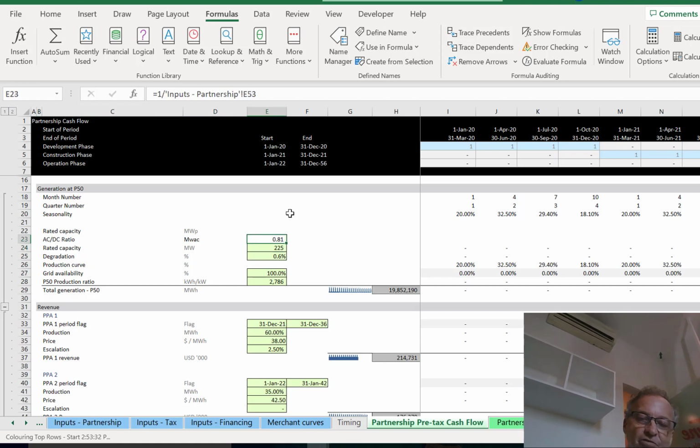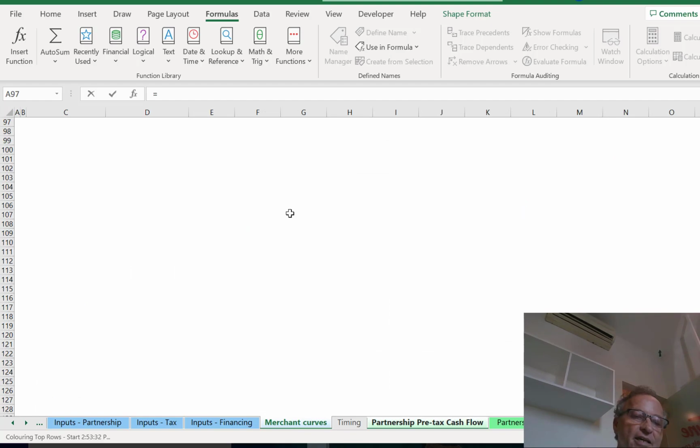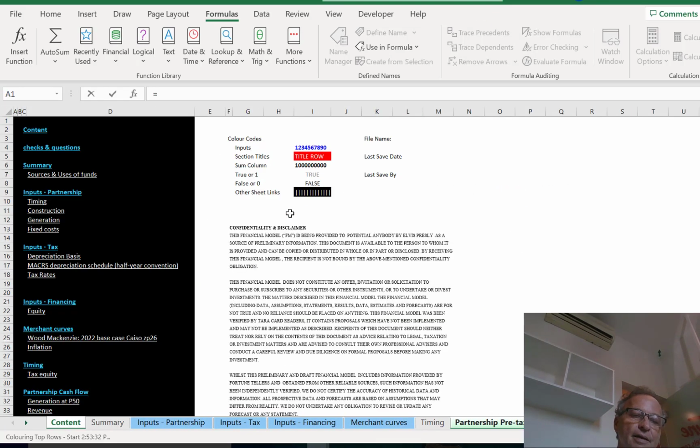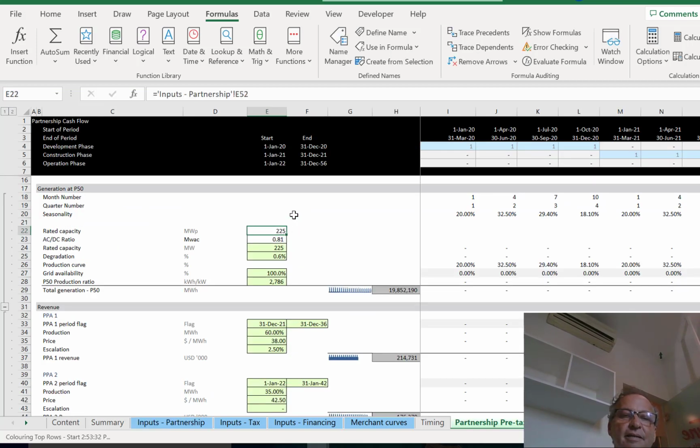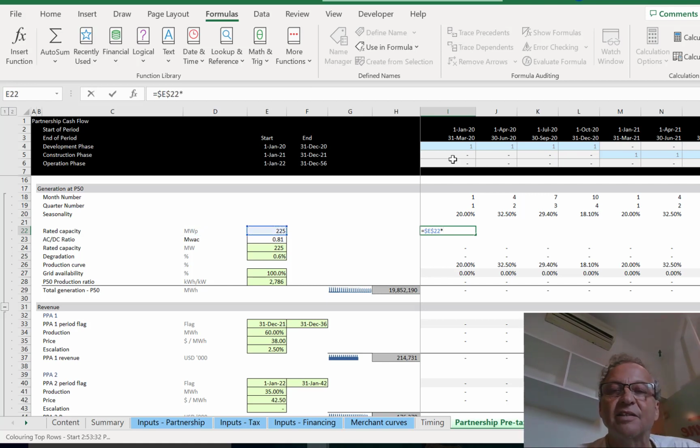Let's put Shift-Control-7 if you want to put a little thing here. And so we have our rated capacity in MWP. Well, okay, I showed you which is this one, and put an equal sign. We can press F4, multiply this one by the operation phase.